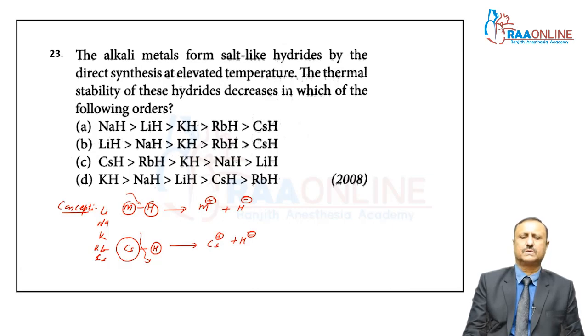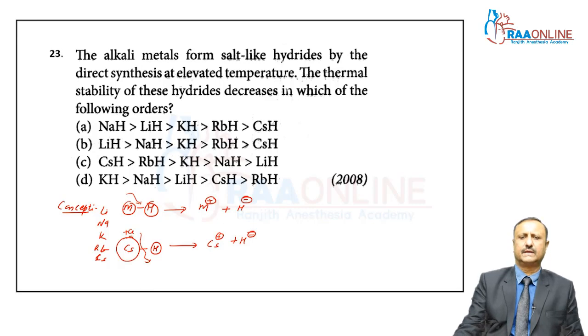So, you can see question number 23 here. For thermal stability, small energy is required for breakdown of the cesium and hydrogen bond. So, my dear friends, small energy required means thermal stability is less.